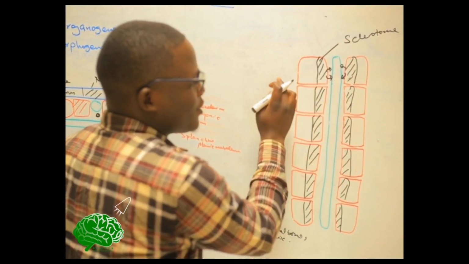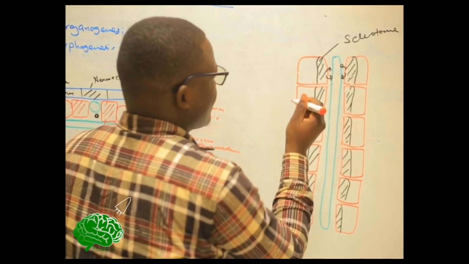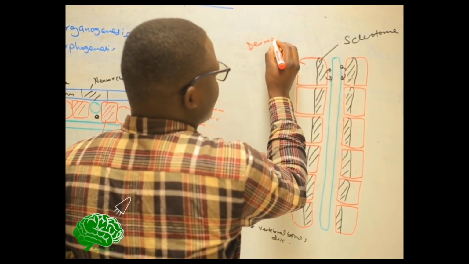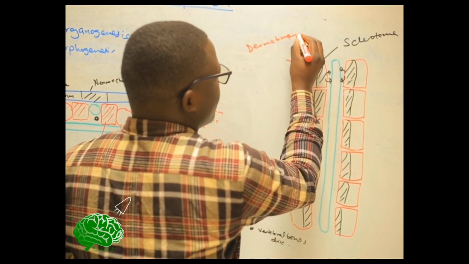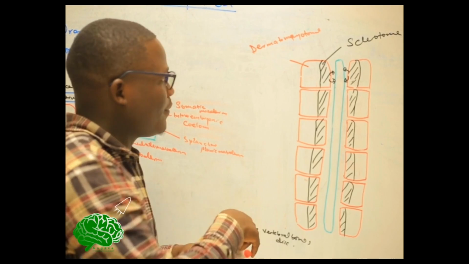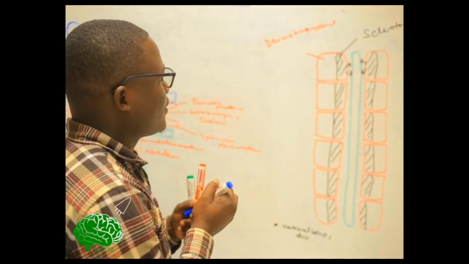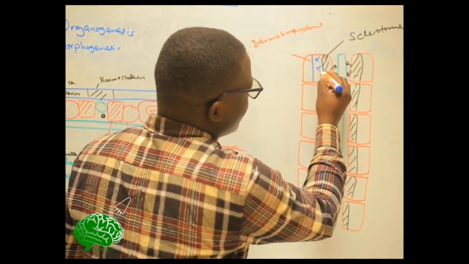Then this other portion, which is more lateral to the neural tube, is termed dermomyotome. Then the dermomyotome also divides into two.